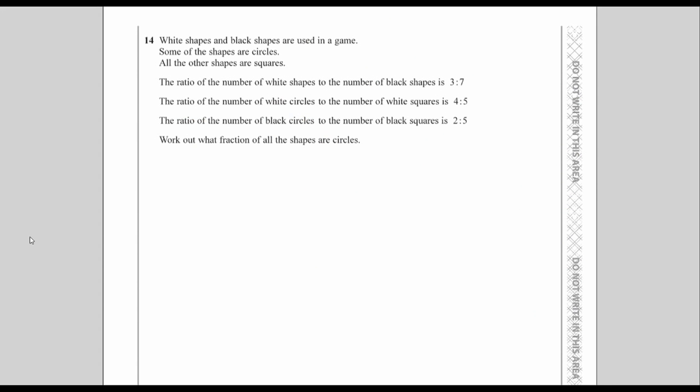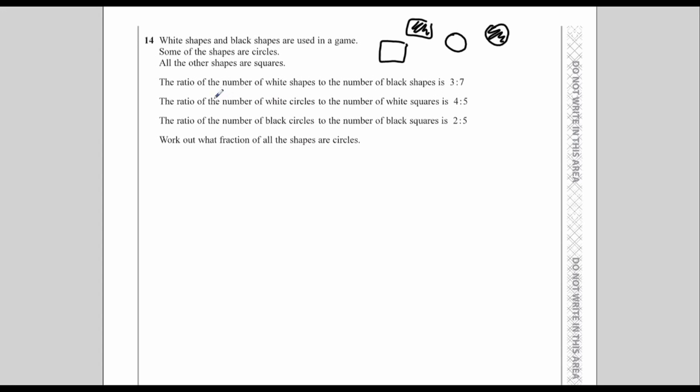Question 14. White shapes and black shapes are used in a game. Some of the shapes are circles, all the other shapes are squares. So we've either got squares or circles. Some are black, some are white, as far as we can tell so far.